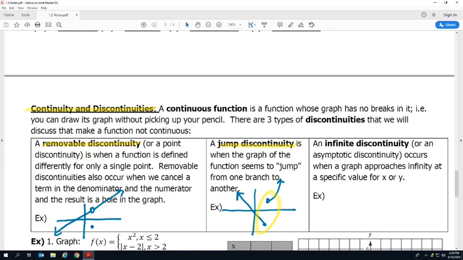An infinite discontinuity is when you have an asymptote. So when you have something like this, and let's say you have an asymptote right here, and so you have a graph that looks like this. That's called an infinite discontinuity, where you have to pick up your pencil to finish the graph, and where that's happening is at an asymptote. Okay, let's do some more examples.